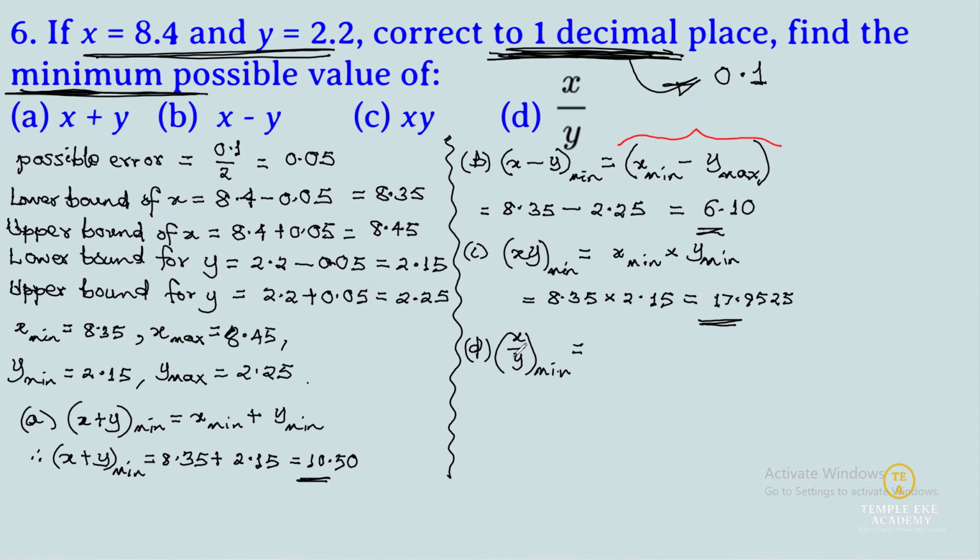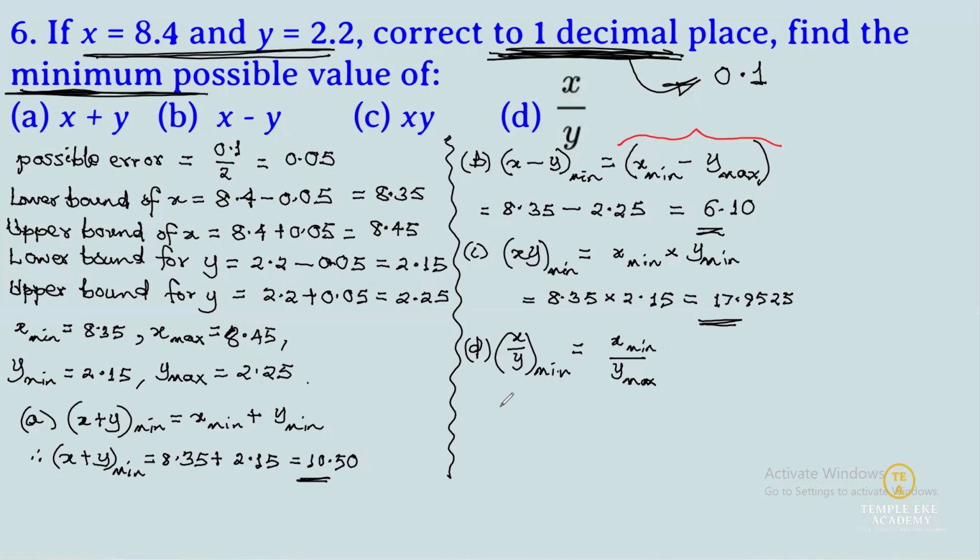If we want the minimum value of this result, we have to divide X minimum by Y maximum. That's logical, because as the denominator in a division increases, the result of the division gets smaller. So we need the smallest value of X to be divided by the greatest value of Y to get the smallest value of the combination.